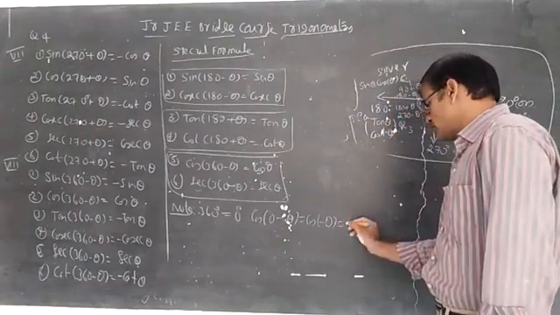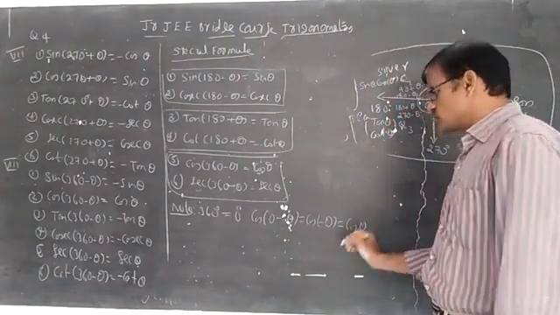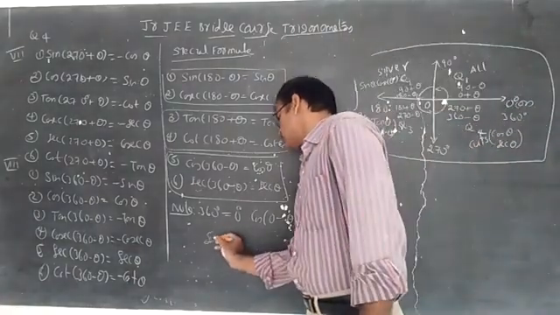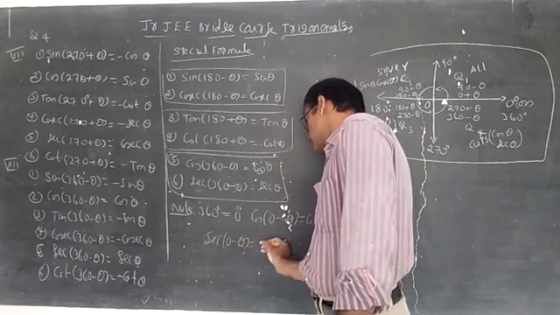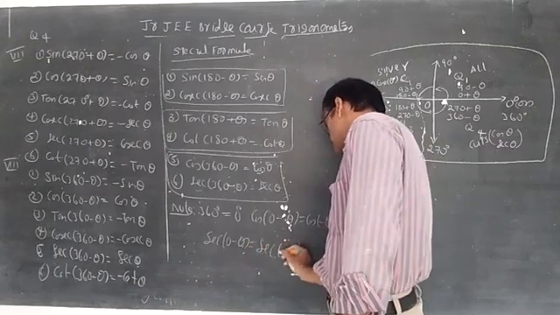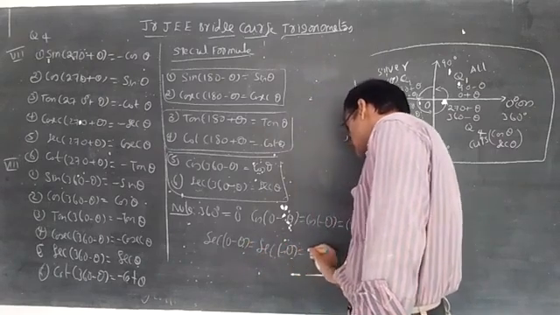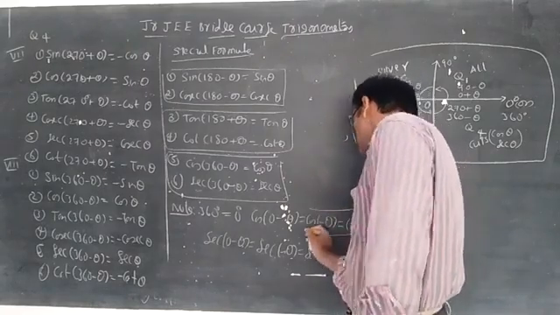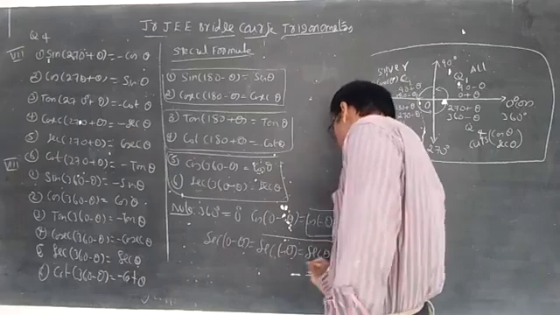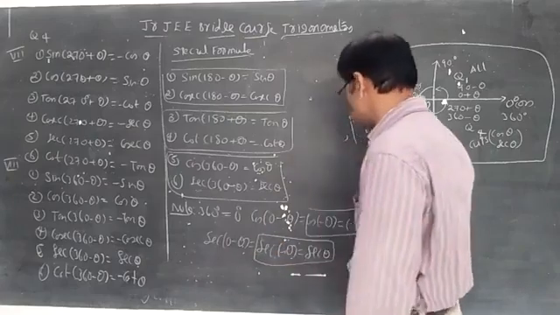You got the value cos theta. It is most important. So cos of minus theta is cos theta, and secant of 0 minus theta is equal to secant of minus theta, that is equal to secant theta. Put a box here. Cos of minus theta is cos theta, and secant of minus theta is secant theta.